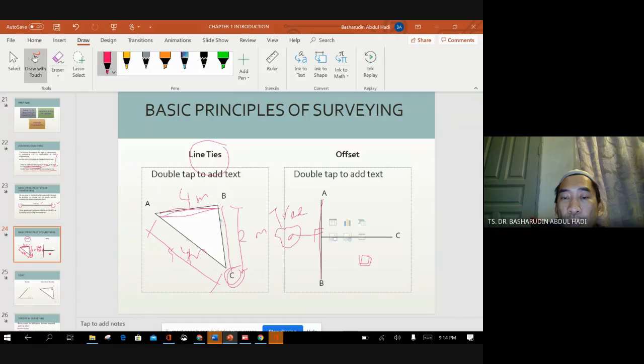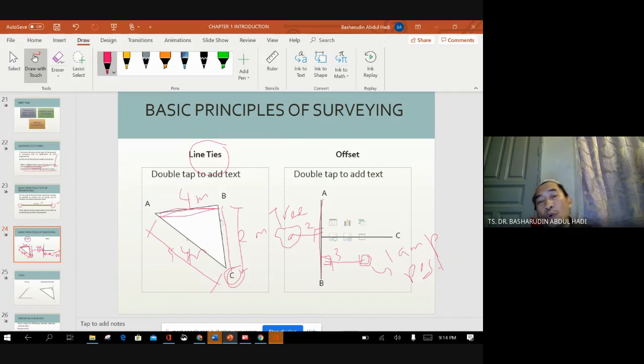You offset from here to here, maybe this one is 3 meters, this one is 2 meters. It must be 90 degrees. So this one is a lamppost. So the offset is that line AB becomes the main reference, a straight line. So there is a difference between line ties and offset, but these are two basic principles of survey.